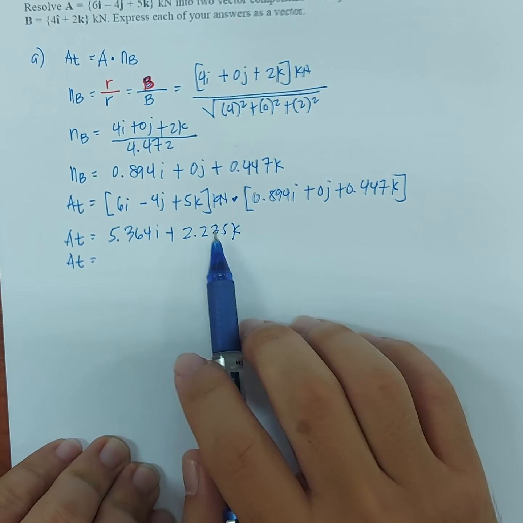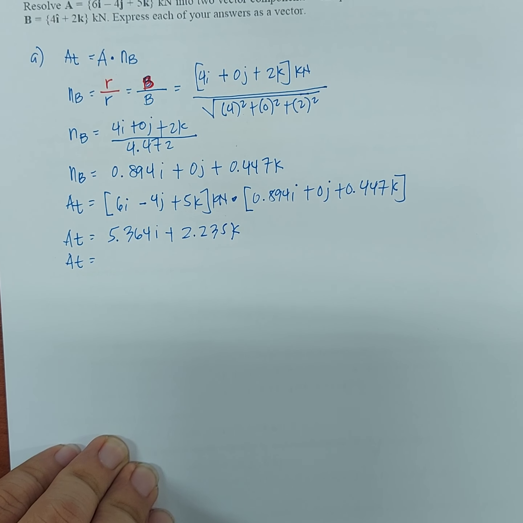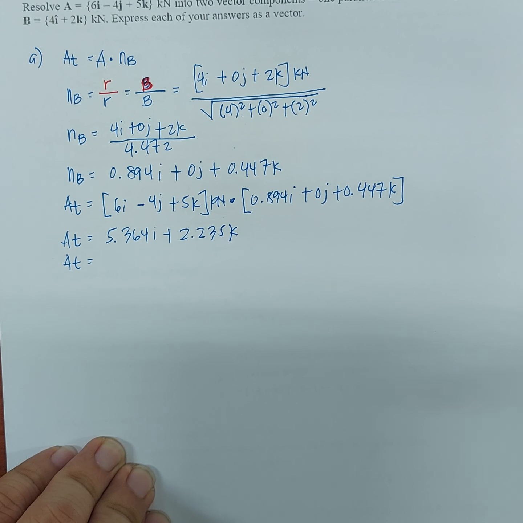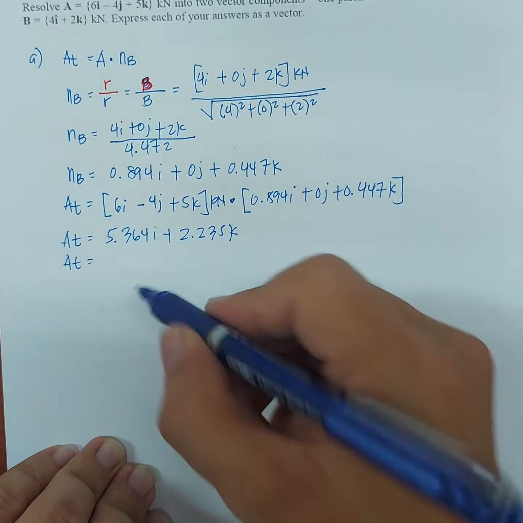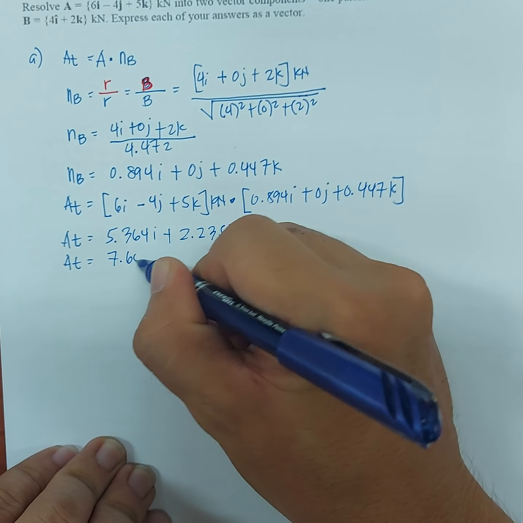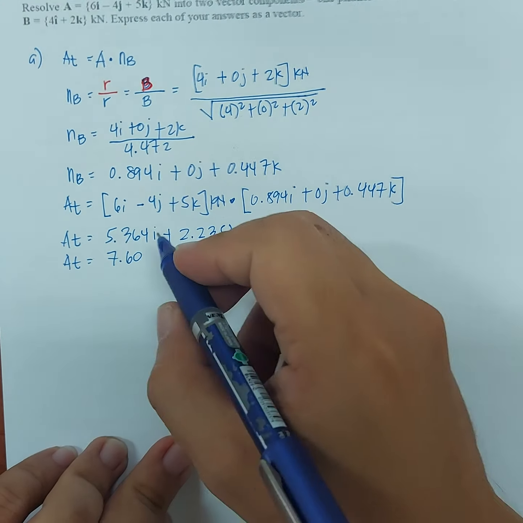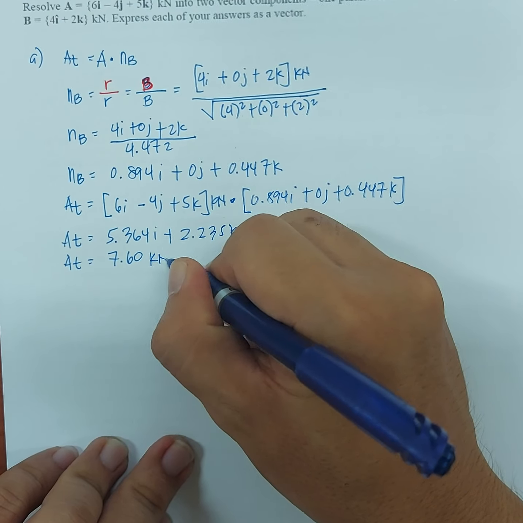So AT, we just add these. 2.235 plus 5.364 is 7.599, so that is basically 7.6, our component of A along the line of action of B. So our A tangential is 7.6 kilonewtons.